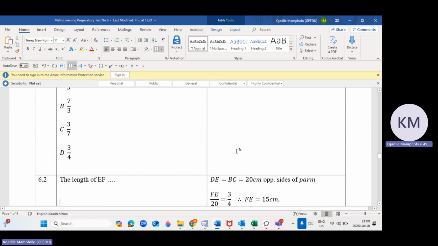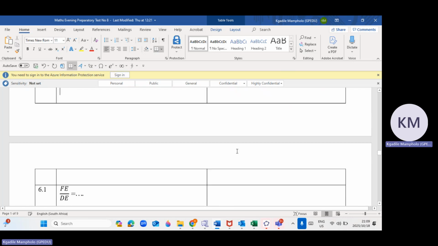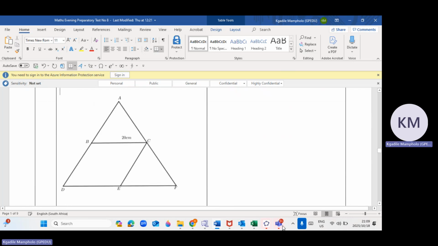6.2, the length of EF. Let's look at EF. Remember we've shown that EF is to ED is 3:4, and we know DE because opposite sides of a parallelogram are equal. Means DE is also 20 centimeter.